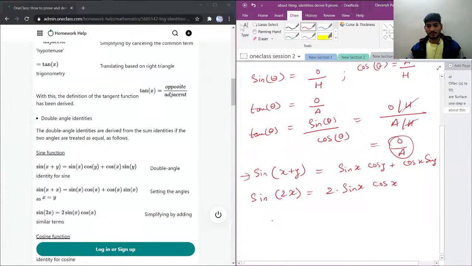So if I put x equals to y in this equation, then I will get sine of 2x, and this will become sine of x cosine of x plus cosine of x sine of x again, and this will become 2 times sine of x cosine of x.